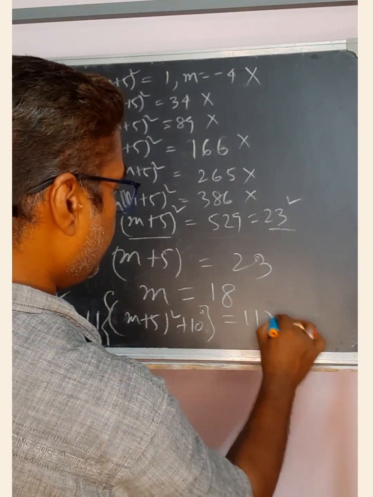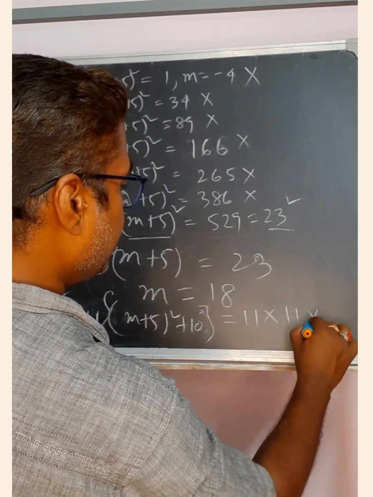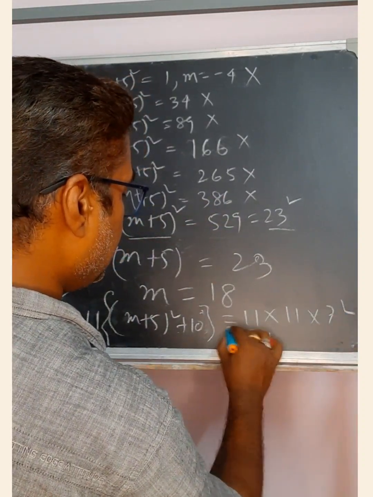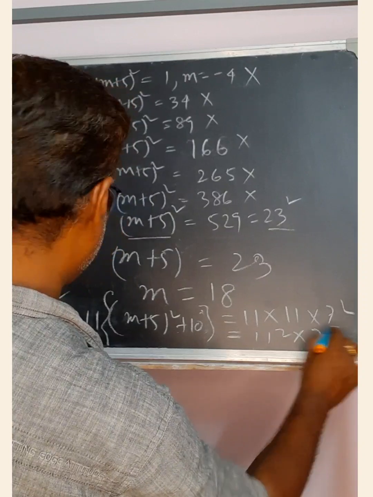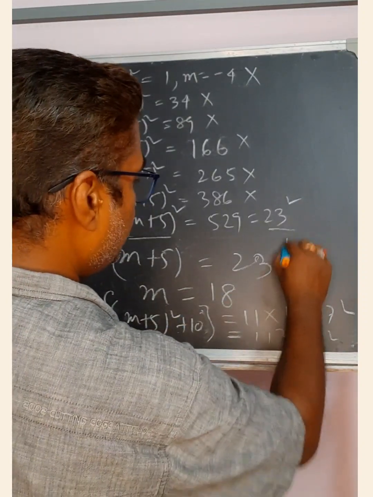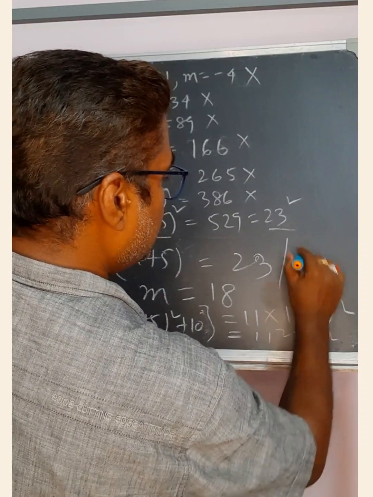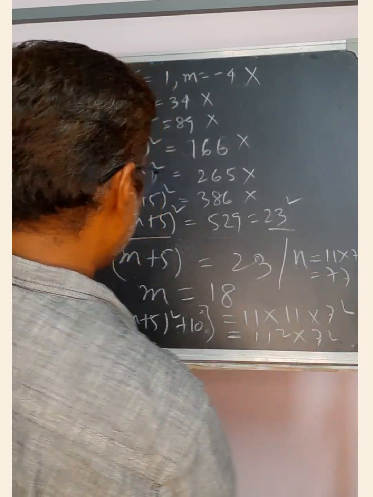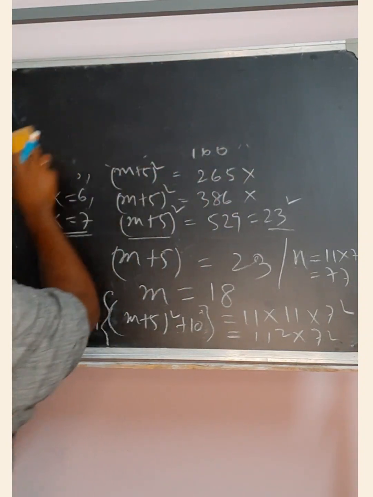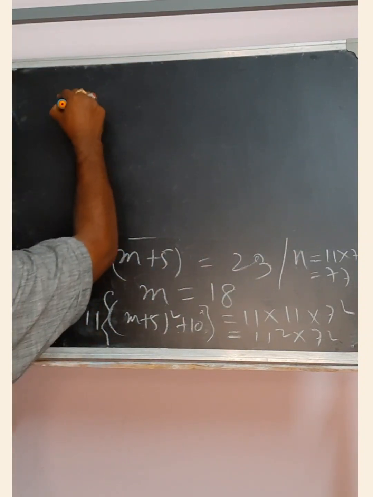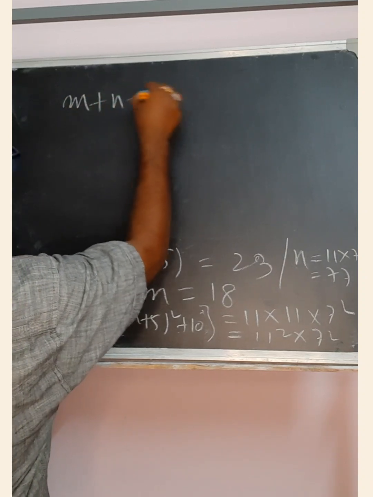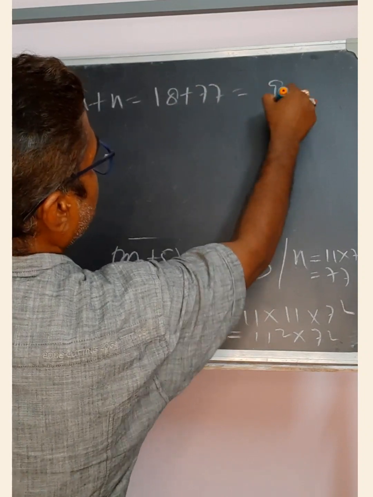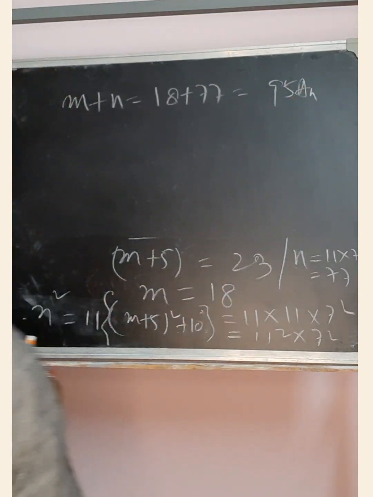So that is equal to 11 into k square, where k I have taken 7. So from here I can say 11 square into 7 square. So I find n is equal to 11 into 7, that means 77. So my task is to find what? M plus n. So m plus n is equal to 18 plus 77, that gives you 95. So this is your answer.